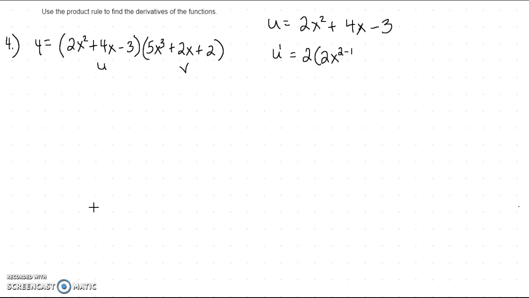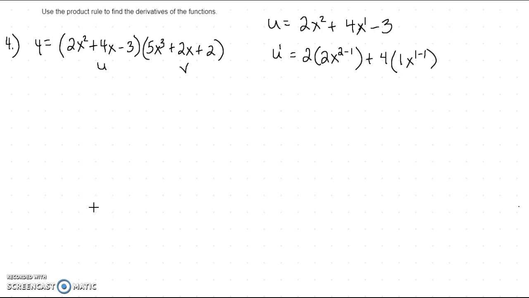So we take 1 away from that exponent. And we have to do that to each part here of u. So we're going to do plus 4 times my exponent here happens to be 1. So 1 times x to the power of 1 minus 1. And then the derivative of a constant is always 0. So we do not need to include that here at the end.